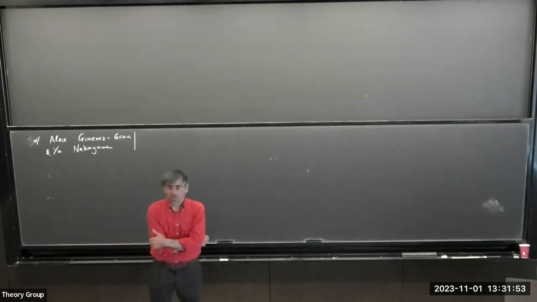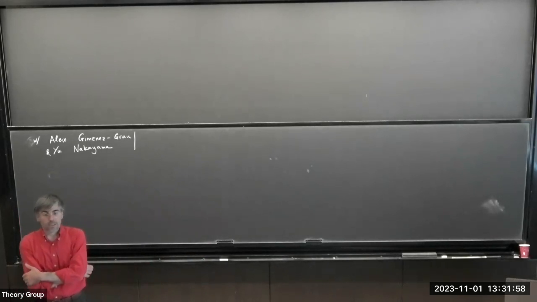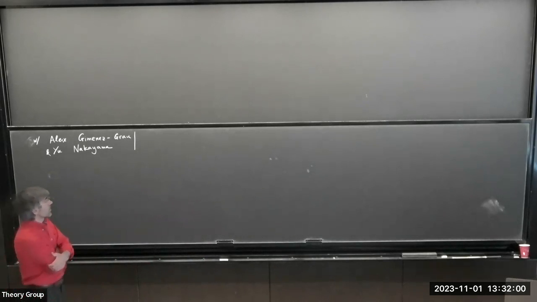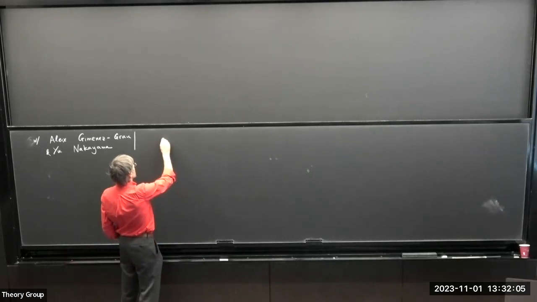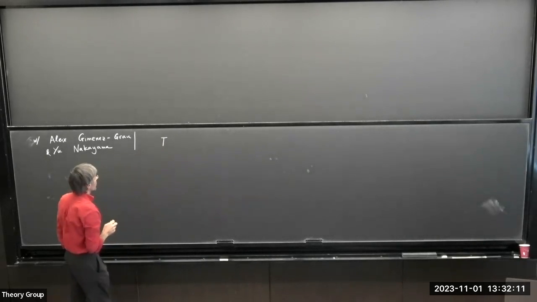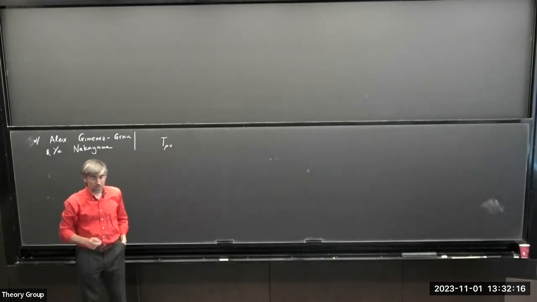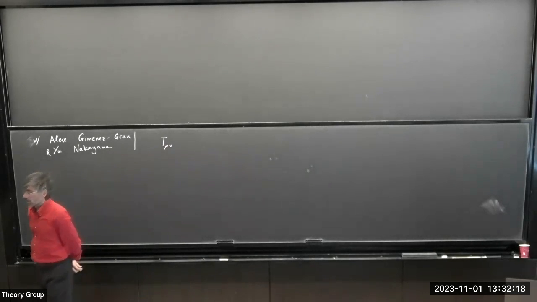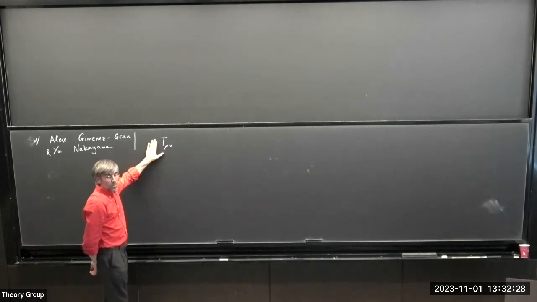Probably you have seen some discussions of this in textbooks, and you probably remember that the question of scale invariance and conformal invariance is usually phrased in terms of properties of the local stress tensor. For the theory to be scale invariant and conformal invariant, the trace of the stress tensor operator has to have some special properties.